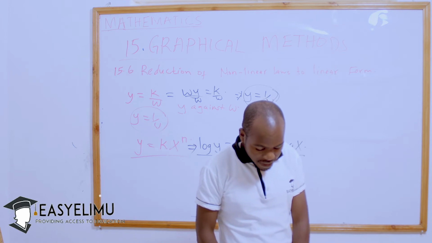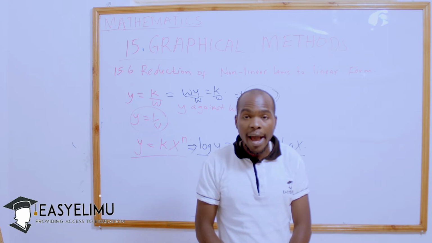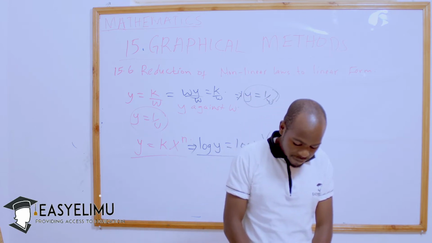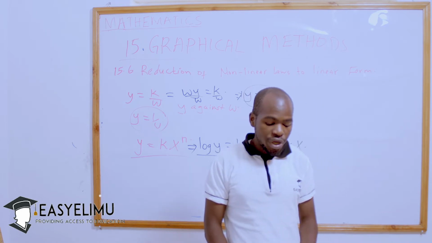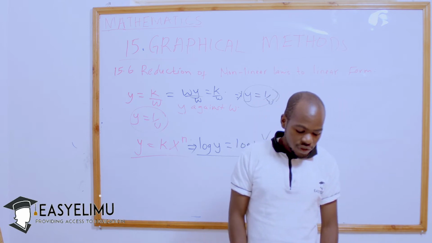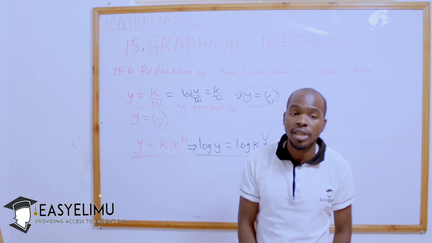It is suspected that the relation is of the form A equals KR squared. By drawing a suitable graph, verify the law connecting A and R, and determine the value of K. So let's see how we will work it out.